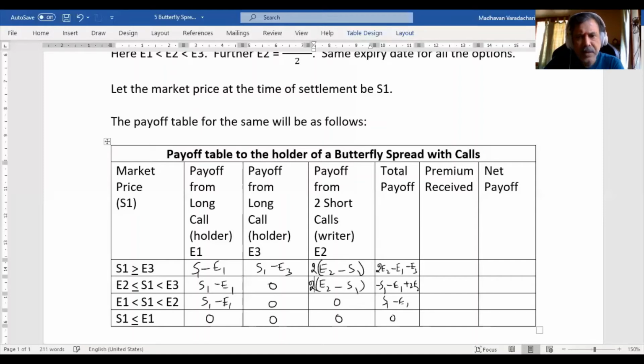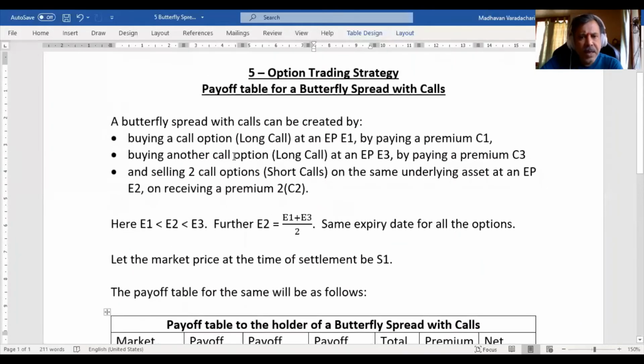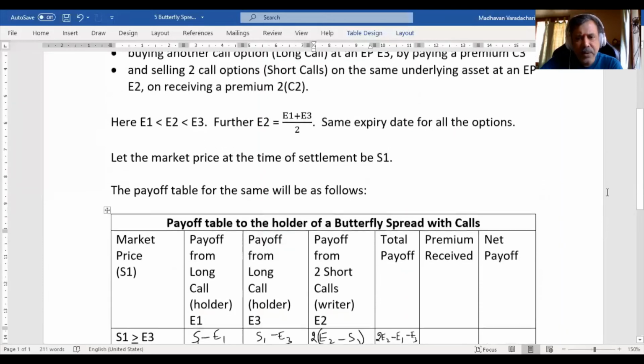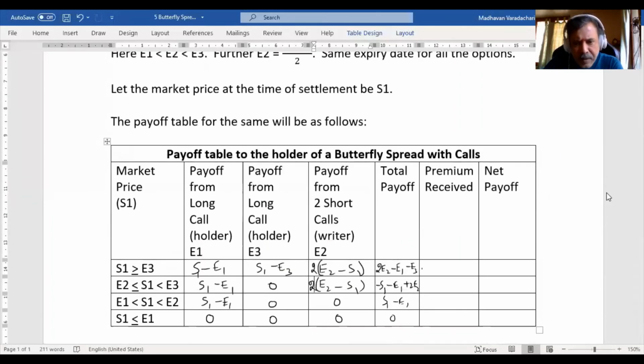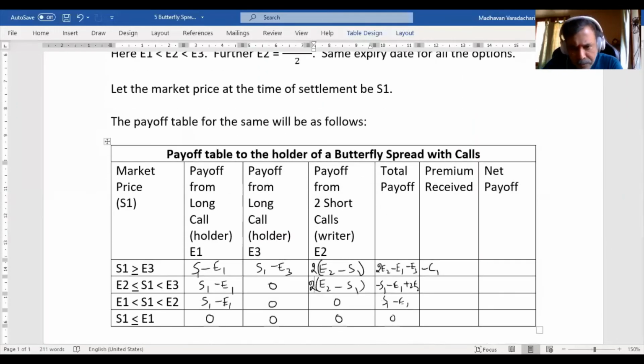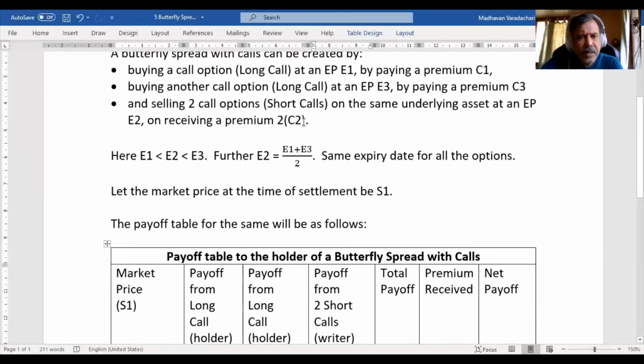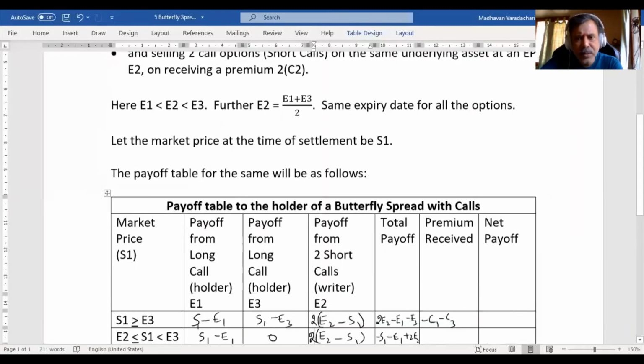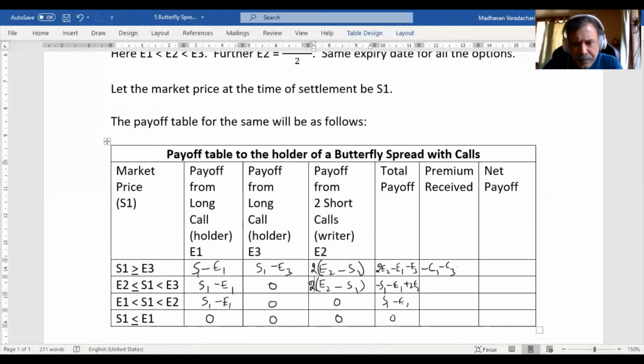Here it is 0. Now the premium received. See here, by paying premium, C1 will become negative. Then again, I pay premium, so C3 is also negative. Here, we receive premium, so it is plus 2C2. So I can write the same thing here.